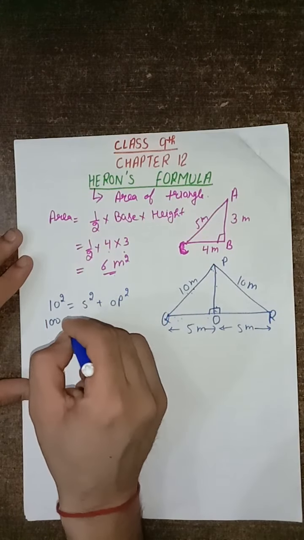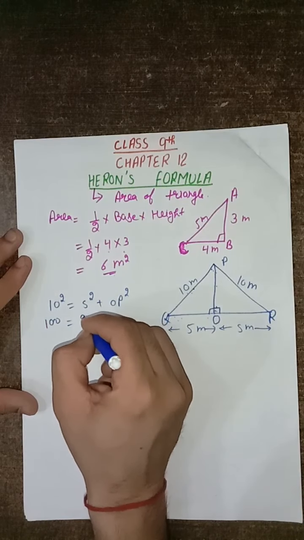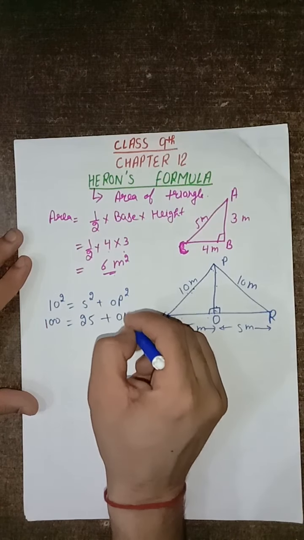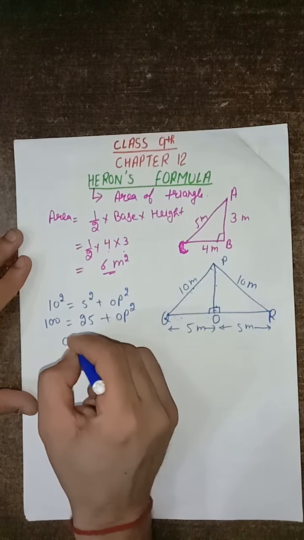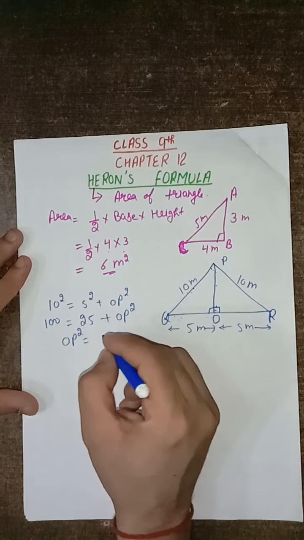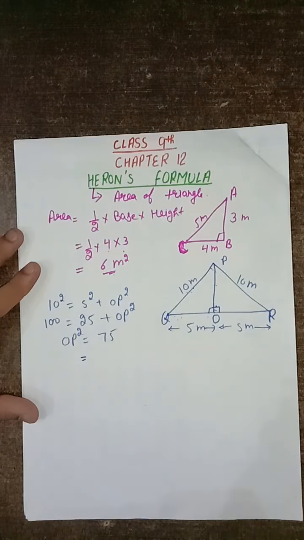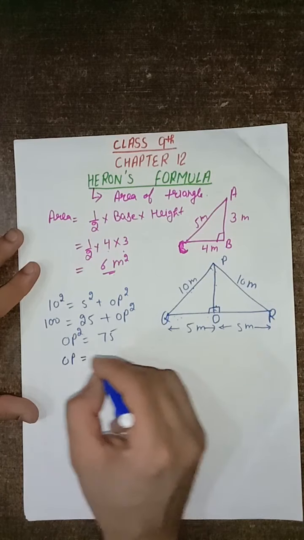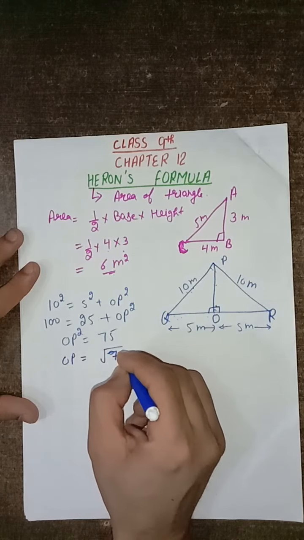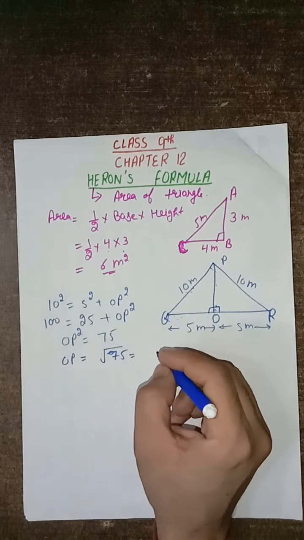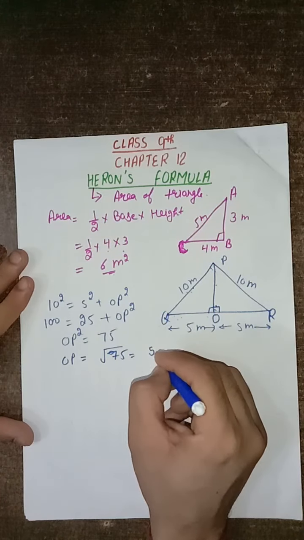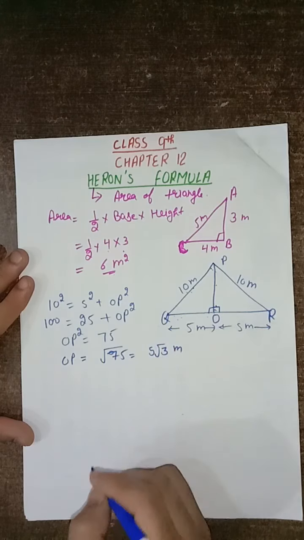Now on solving, this will become 100, this 25 and OP square. Now OP square will be 100 minus 25 equals 75. Now OP will be square root of 75, which is 5 root 3 meter.